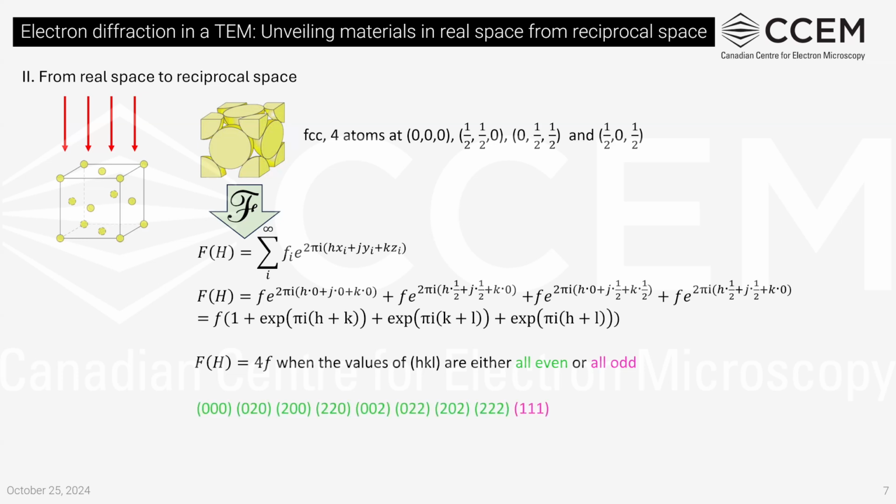So let's play with the Miller indices. Those are all even HKL, and this is an all odd HKL. At those coordinates in reciprocal space, we have diffraction spots.